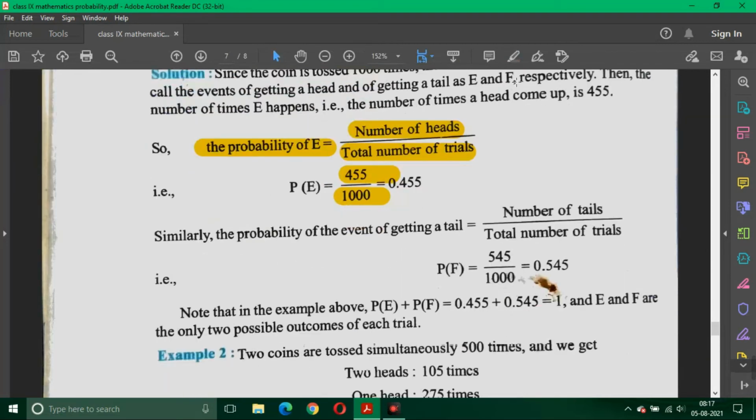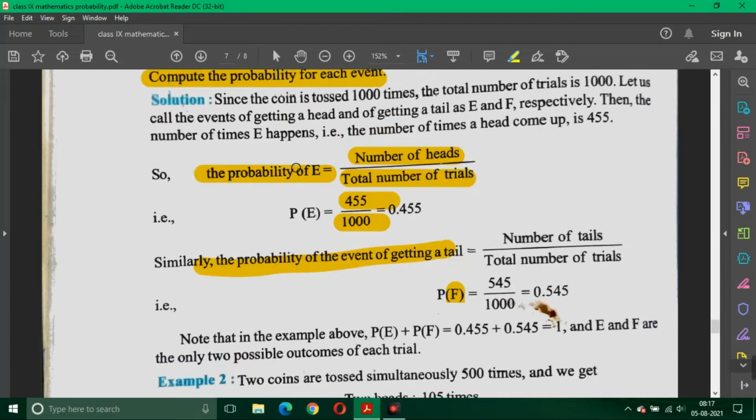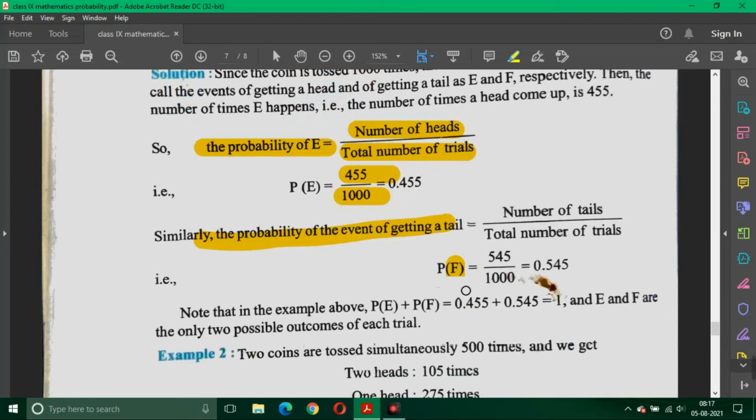Now, in the same way, the probability of getting a tail. F has been assumed as another event. The probability of the event of getting a tail has been assumed as probability of event F. I mean, event F is the event of getting a tail after a toss.